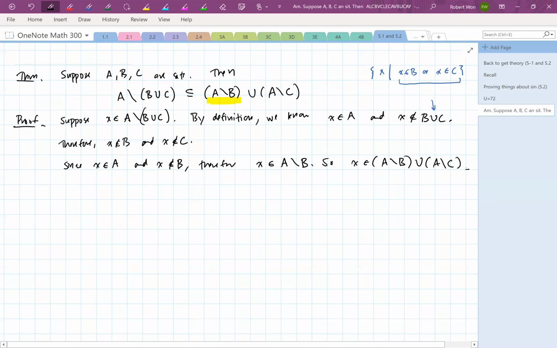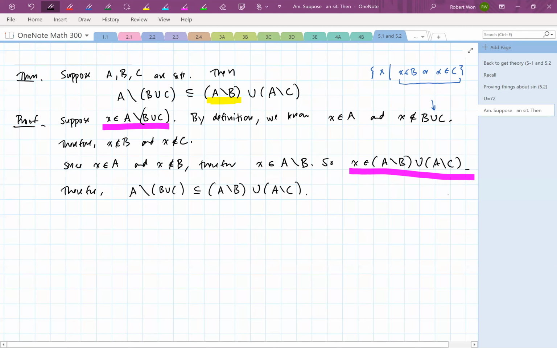So what I did, I started with an element of the left-hand side and I showed it was in the right-hand side. Therefore, A minus (B union C) is a subset of (A minus B) union (A minus C).